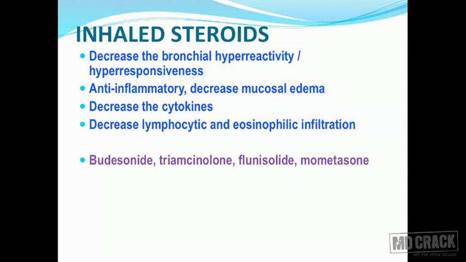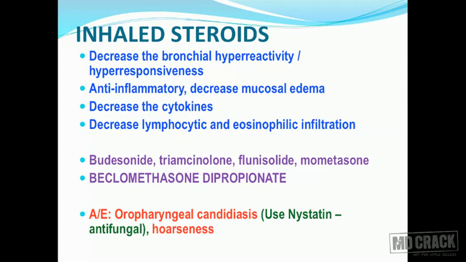But we need to remember one agent which is most widely used and is called beclomethasone dipropionate. What are the adverse effects expected if you use it by the route of inhalation? Because of the repeated inhalation, you're likely to get oropharyngeal candidiasis, and it's because the use of corticosteroids favors the opportunistic infections.